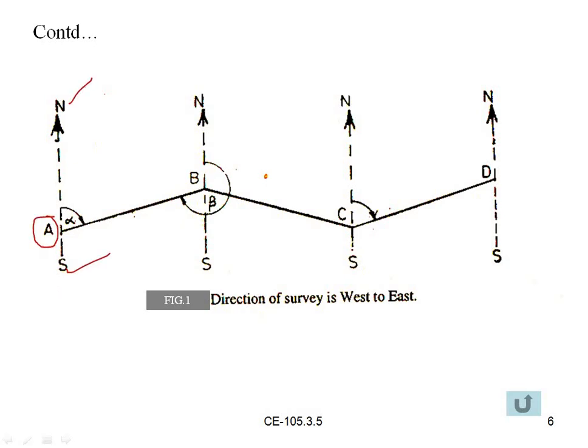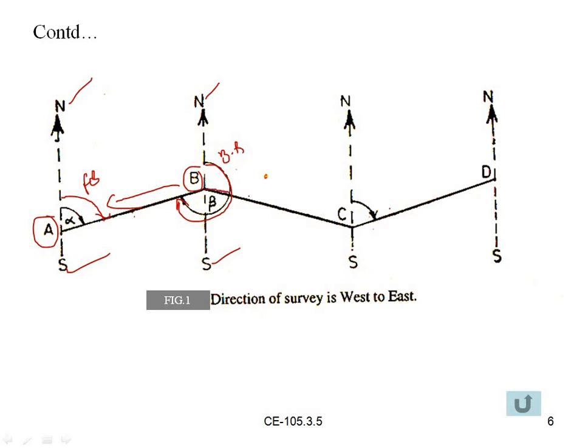This is the station point A. The first direction which we are sighting to the point B is the forebearing, and again with north and south direction, if you are sighting back from B to A, this is the back bearing.